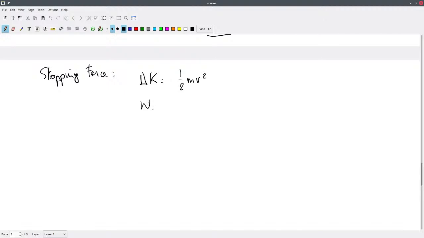The net work being done is force times displacement. And these of course have to be equal to each other. So the force will be 1/2 mv squared over the stopping distance. So yes, you would need the weight of the bullet.